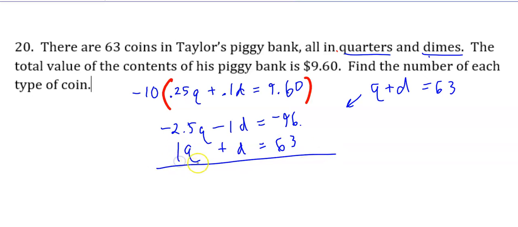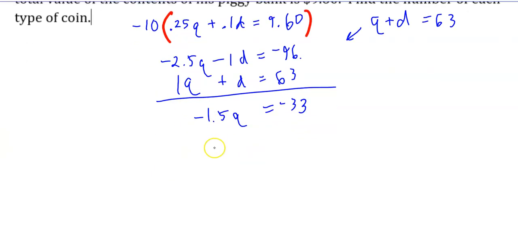If you add them, that's going to be negative 1.5q equals negative 33. You might want to write this as a fraction. This might be easier: negative 3 over 2 times q equals negative 33.